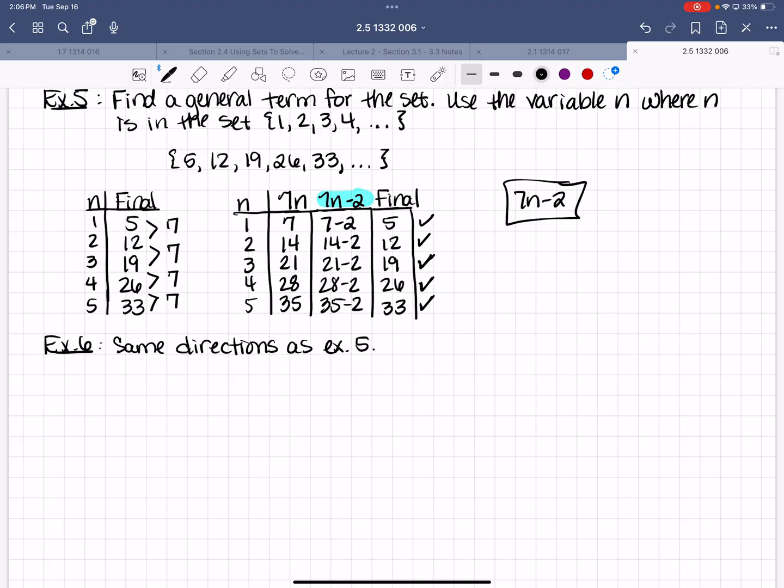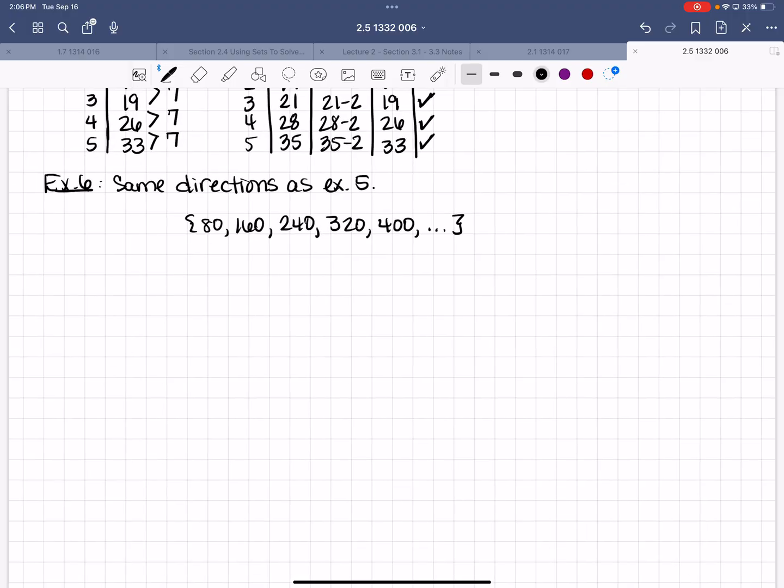Here's example 5. And this time I have 80, 160, 240, 320, and 400. Okay? I need my general rule, general term.